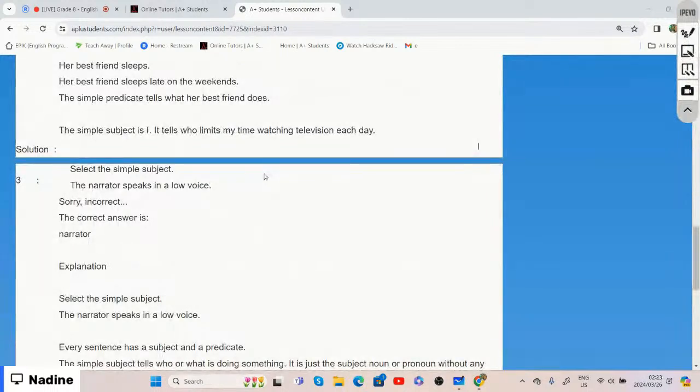All right, and once again, it says the narrator speaks in a low voice. We need to select the simple subject. Remember, it's only the noun or only the pronoun without any other words that describe or modify that noun.